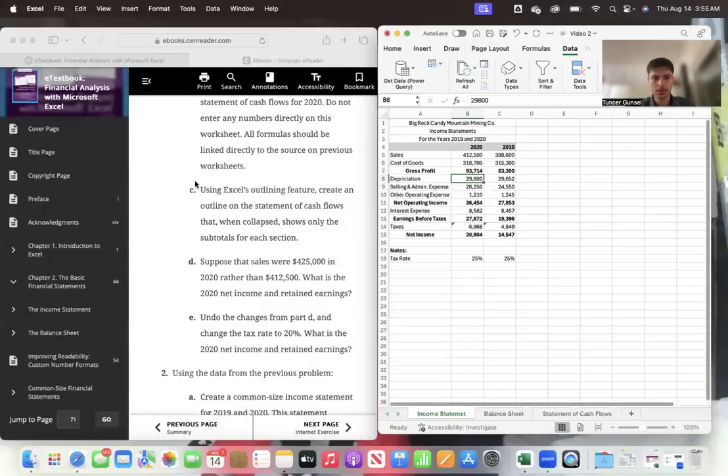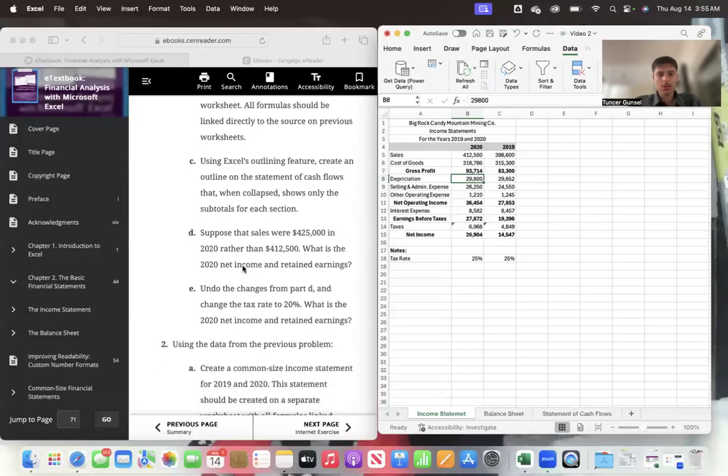Okay. So we're going to change the sales of 2020 on the income statement, and we need to see that the net income and the retained earnings change by themselves. Let's try.